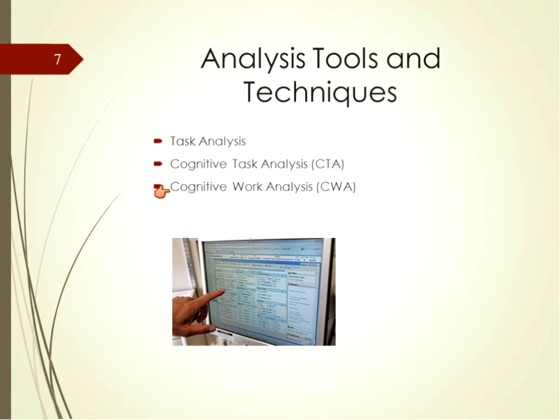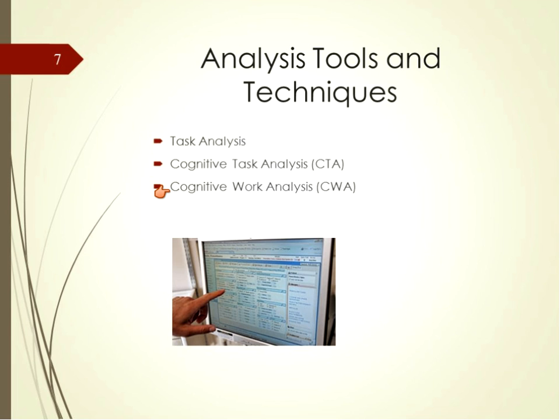Cognitive work analysis was developed specifically for the analysis of complex, high-technology work domains such as nuclear power plants, intensive care units, and emergency departments where workers need considerable flexibility in responding to external demands.